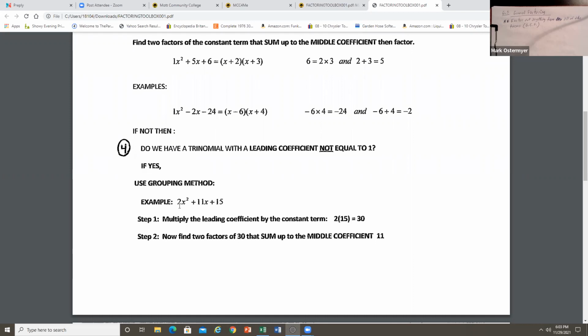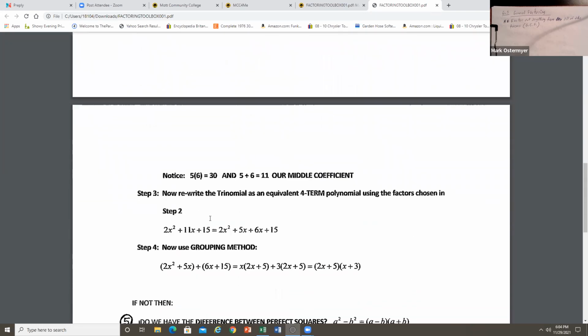Here's a difficult trinomial. Leading coefficient is not 1 anymore. To factor this, we start by taking the product of the leading coefficient and the constant term. 2 times 15 is 30. I then need 2 factors of 30 that sum up to 11. As it turns out, ladies and gentlemen, those factors that work are 5 and 6. The only factors of 30 that add up to 11 are 5 and 6.